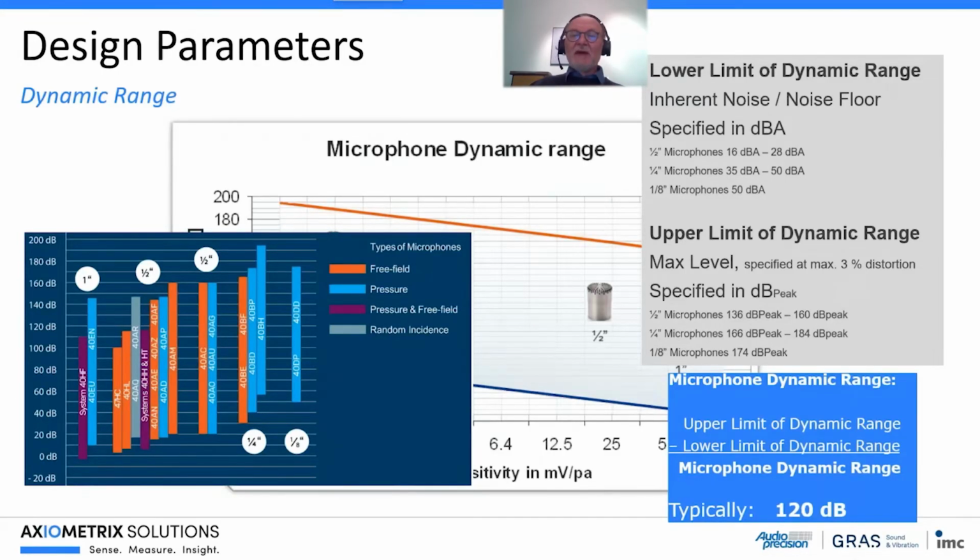The dynamic range is the difference between the upper limit and the lower limit, and it's typically 120 dB for a measurement microphone.